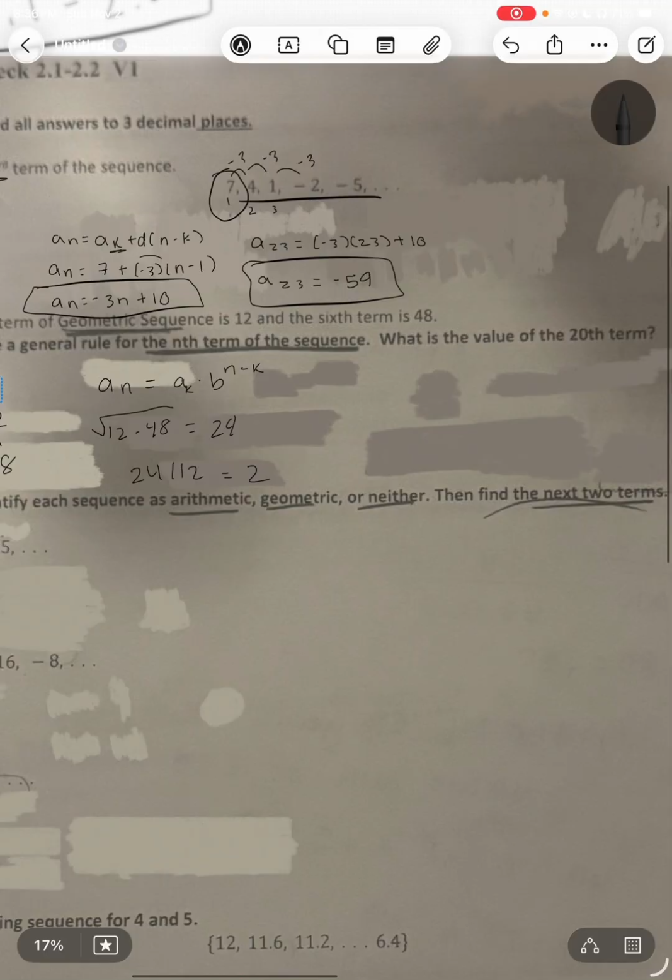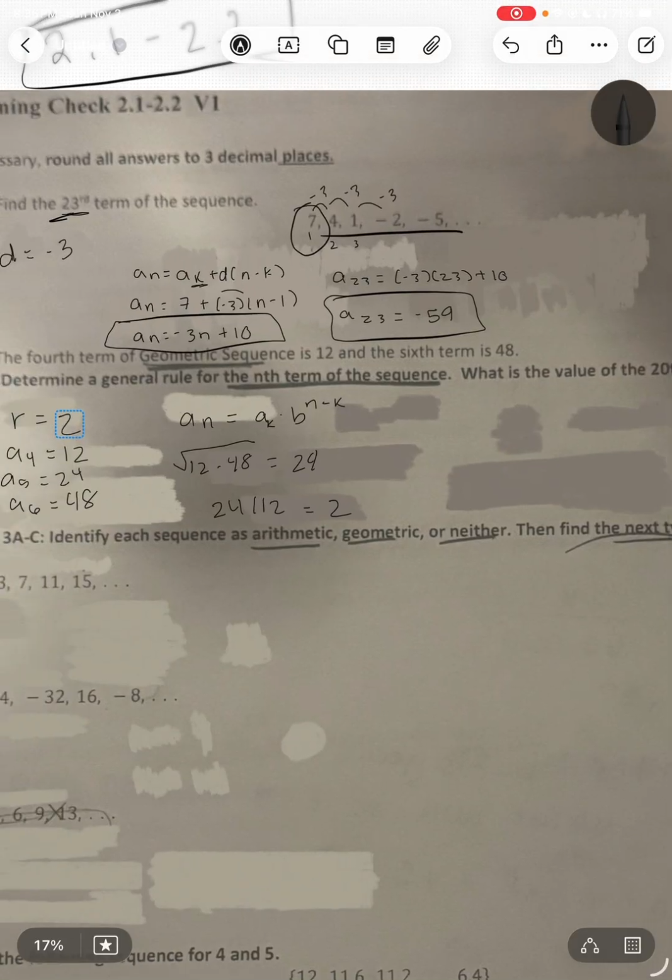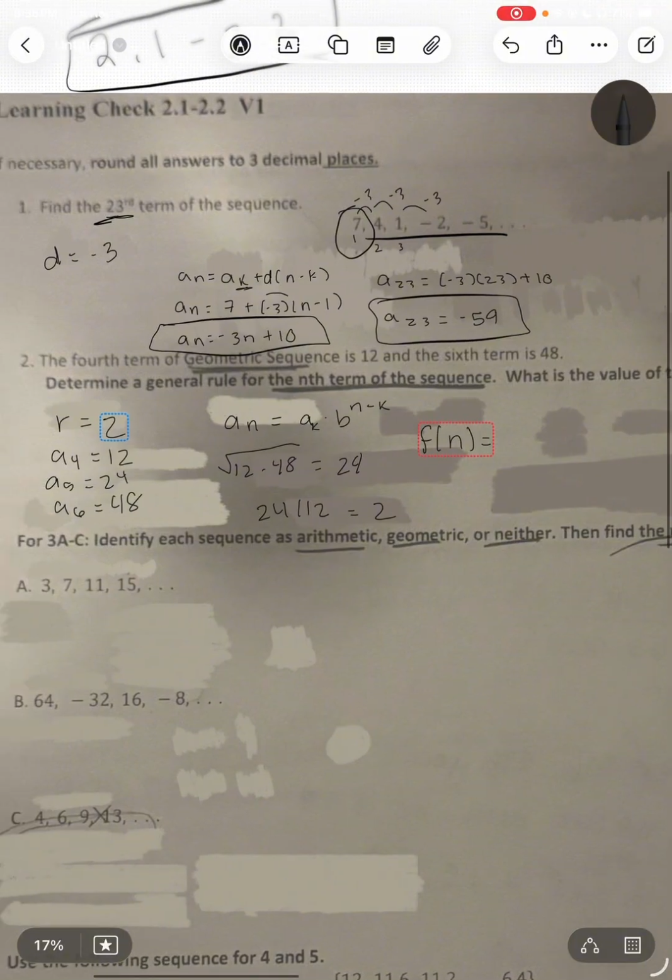Now we can plug in our general equation, but it's asking for the general. This is not the general. The general is f of n equals, and then we pick a number. In this case, I'm going to pick 24, rate 2, and then n minus 5.